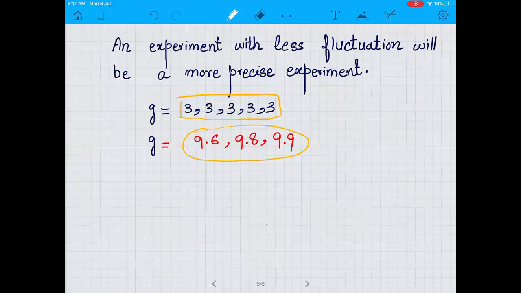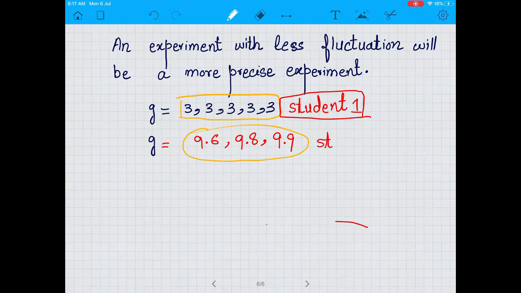So you see here, student number 1, although he's incorrect, yet he is precise because he is able to repeat his values, while student number 2 is less precise. The reason being, he's not able to repeat his values. Student number 2 is closer to the actual value, but precision has nothing to do with that. Precision is only about the repeatability.